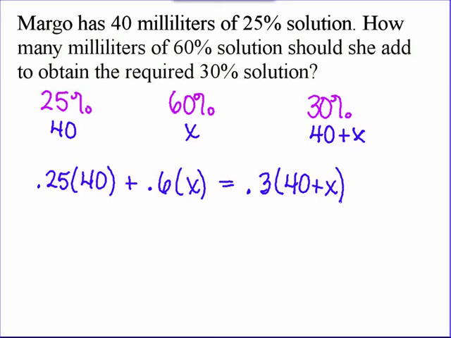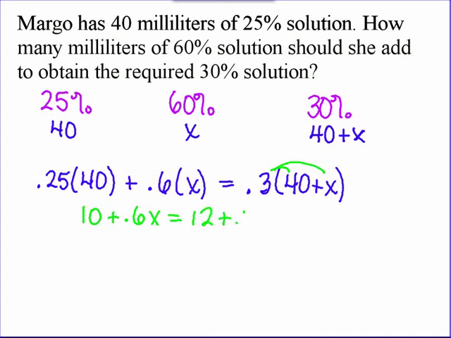So what do we do now? Distribute and do like terms. What is 0.25 of 40? 10. So now if you distribute, what do you get here? 12.